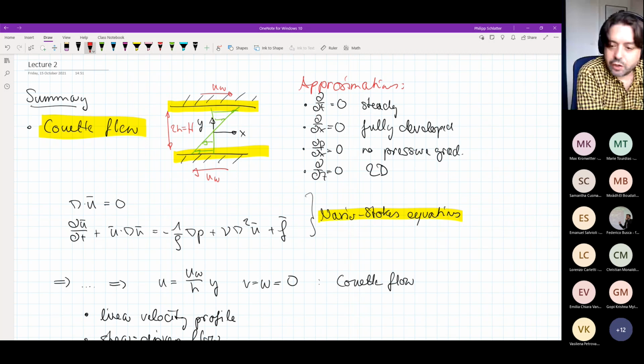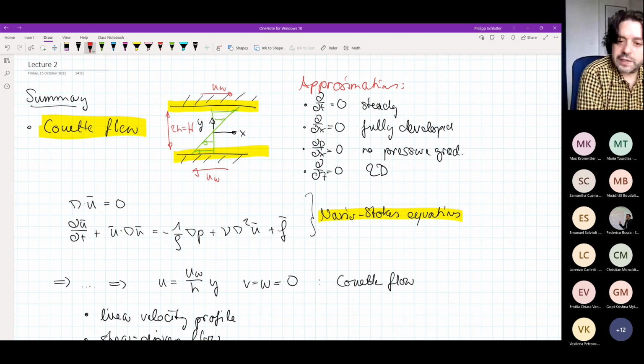However, we cannot directly assume this for the pressure typically, but in the case of Couette, we can also say that there is no change in pressure in the streamwise direction. That's why also dp dx is going to be 0. And then last but not least, we also say that the whole flow is two-dimensional, meaning that both the w component and the span-wise derivatives are 0.